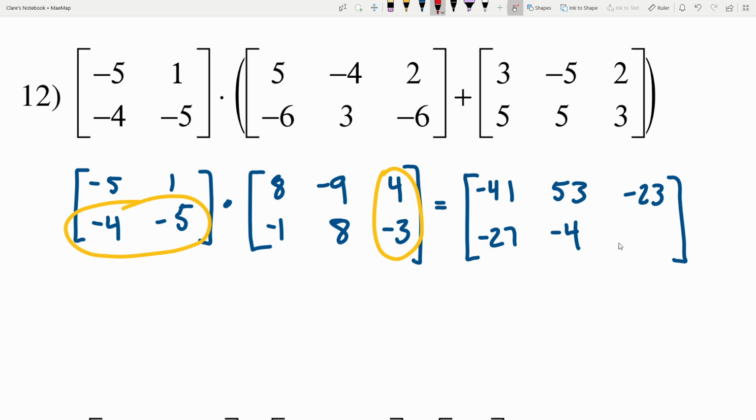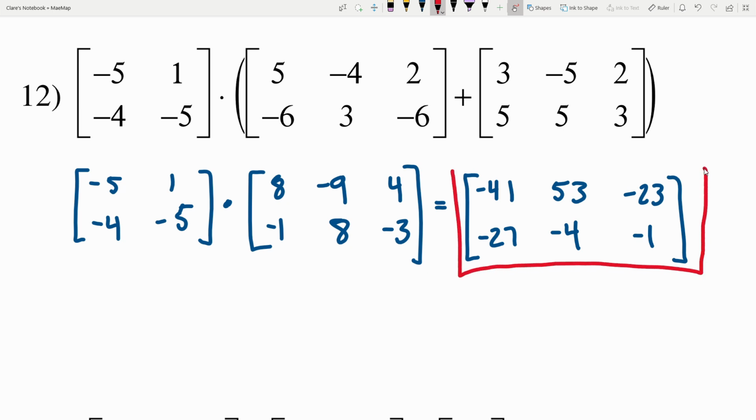Negative 4 times 4 is a negative 16. And I'll add that to negative 5 times negative 3, which is a positive 15. Negative 16 plus 15 is a negative 1. So negative 41, 53, negative 23, negative 27, negative 4, negative 1. That's my solution in number 12.